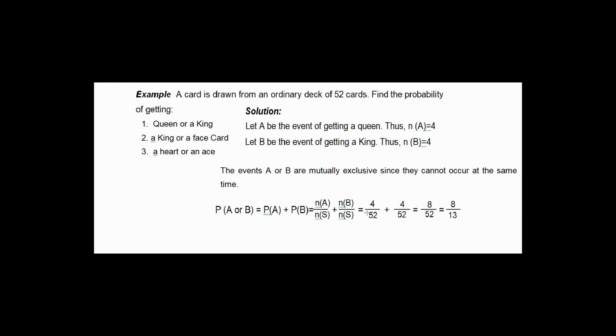The same with the probability of B: there are 4 kings divided by 52. So 4 plus 4 is 8, with 52 as the denominator. So the probability of A or B will be 8 over 52, or 2 over 13, or 15.38%.